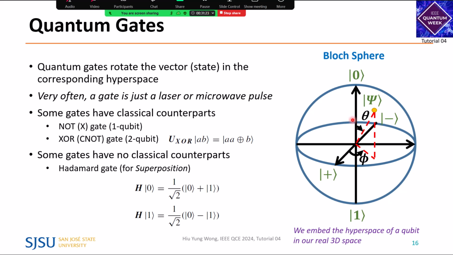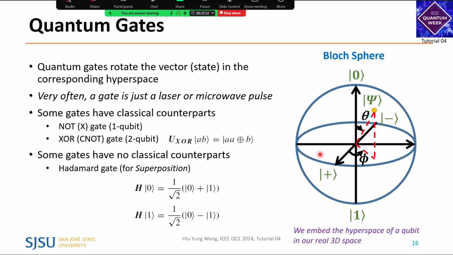Just like my mindset, maybe the top is I love to eat orange, the bottom is I don't like orange, and then maybe here in between is I kind of like orange, but I also don't like orange, a superposition of the top and bottom, right? And all the gates are just rotating the states around this sphere. And because this is a rotation, you can now realize that if I can rotate in one direction, I must be able to rotate back.